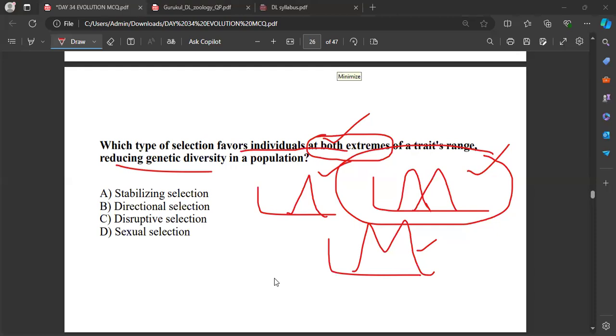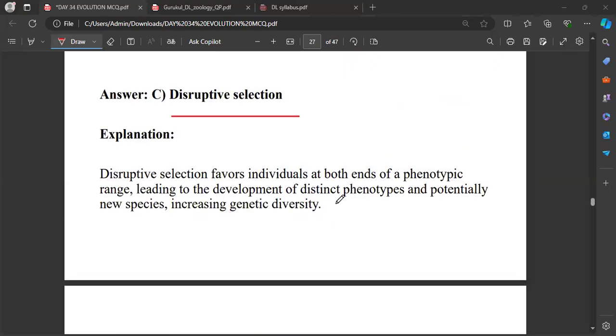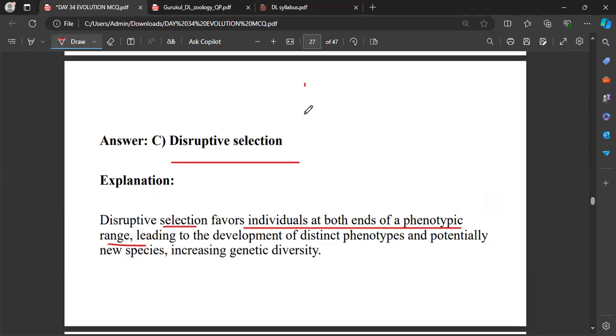What is meant by disruptive selection? Here, see, this will be the directional selection. Let me explain very clearly. Disruptive selection favors individuals at both the ends of the phenotypic range, which means what? Here in disruptive selection, they are favoring both the characteristics.